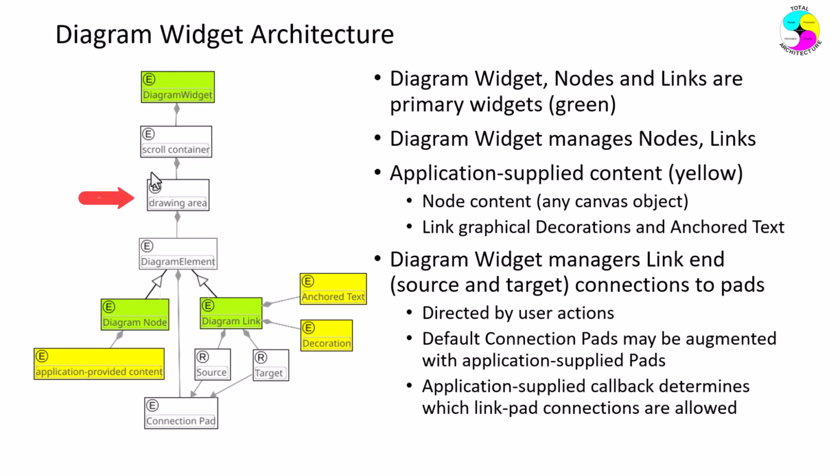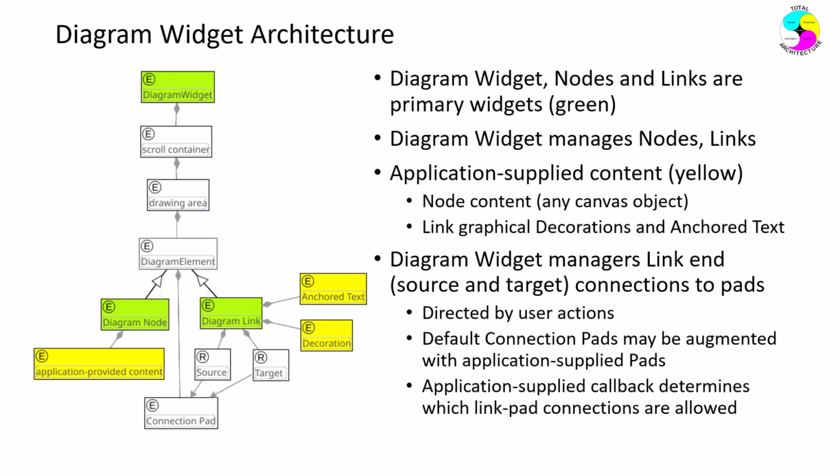Now the diagram elements themselves come in two flavors. We have diagram nodes and we have diagram links. From an application perspective, these are being added to the diagram widget, so the application is not really aware of the intervening classes there.